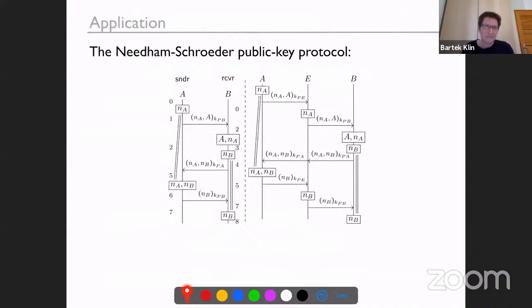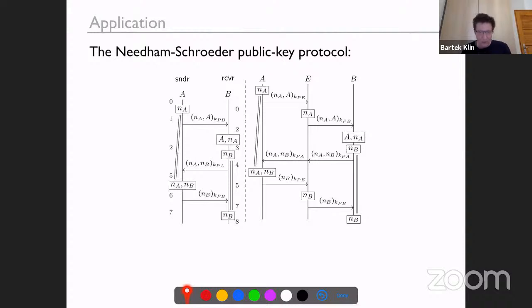And we've applied it. Now that we have this ability of speaking of there exists a path where no password is generated twice, we can formulate the security, for example, of the Needham-Schroeder public key cryptographic protocol. This is a key exchange protocol that has Alice and Bob, and Eve tries to impersonate Bob in the eyes of Alice.